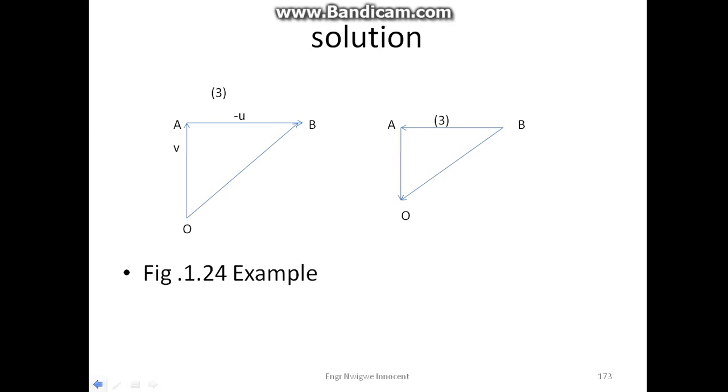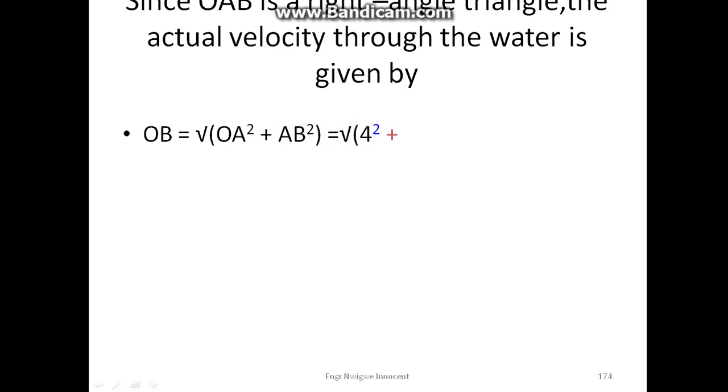Since OAB is a right angle triangle, the actual velocity through the water is given by OB equals square root of OA squared plus AB squared, which is equal to square root of 4 squared plus 3 squared, which is equal to square root of 25, which will give us 5 km/h.